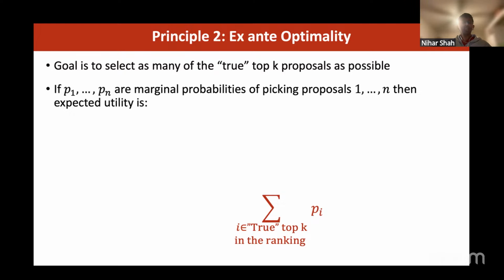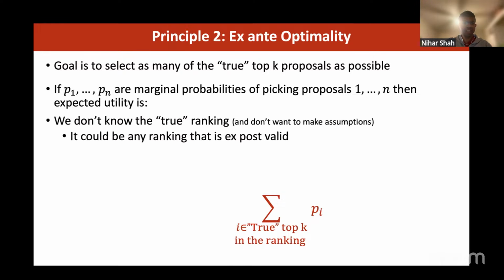We want to pick the true top K, and we're thinking about a utility where our utility is 1 if we pick a proposal in the top K and 0 otherwise. So the expected utility, if we have P1 through Pn as marginal probabilities, is as shown at the bottom of the slide. That is, you consider all proposals that are in the true top K, and then you sum up their probabilities.